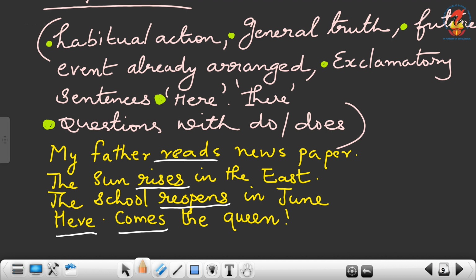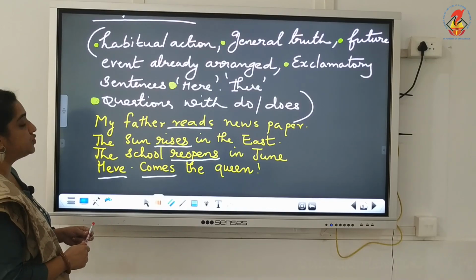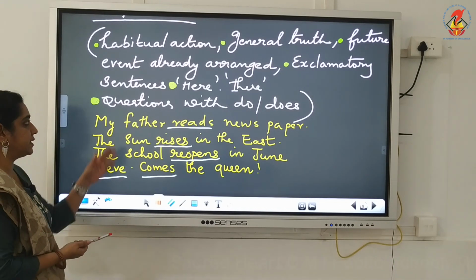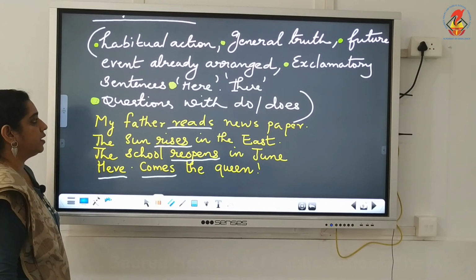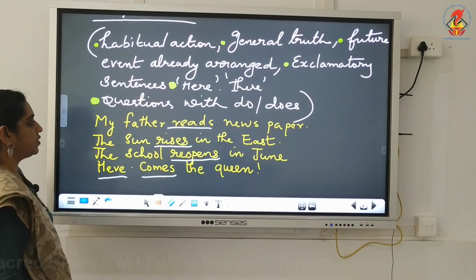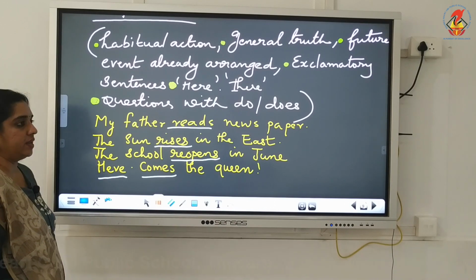Then you can use it for exclamatory sentences beginning with here and there. Then questions with do and does, and also for future events which have already been arranged. The examples are already given here: my father reads newspaper, the sun rises in the east, the school reopens in June, here comes the queen.